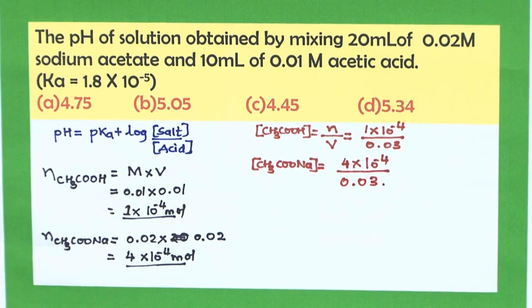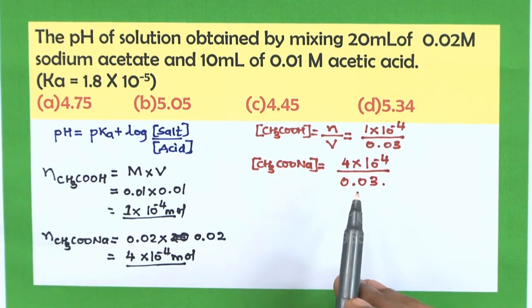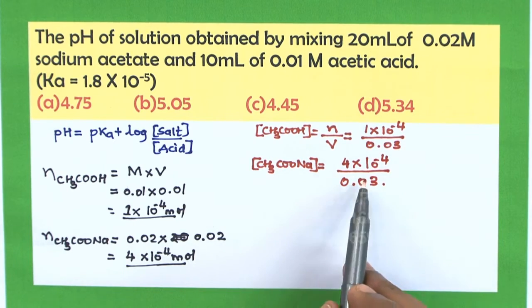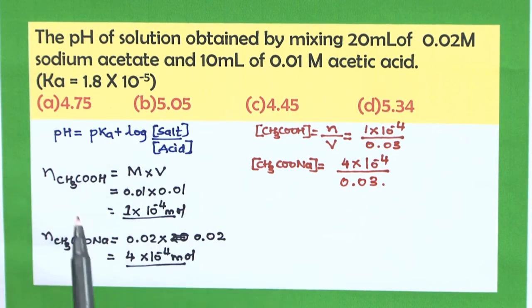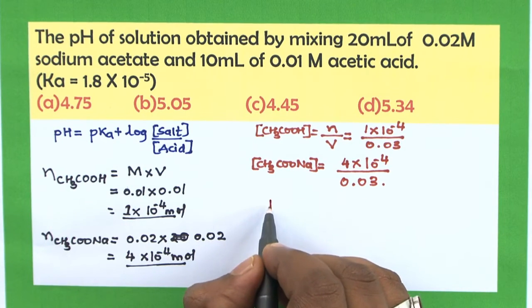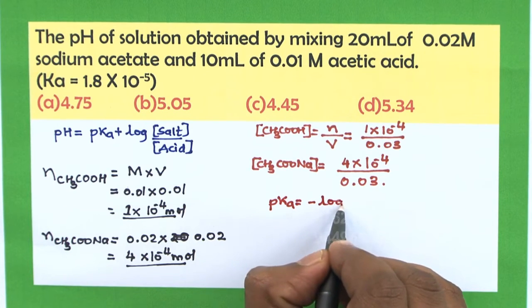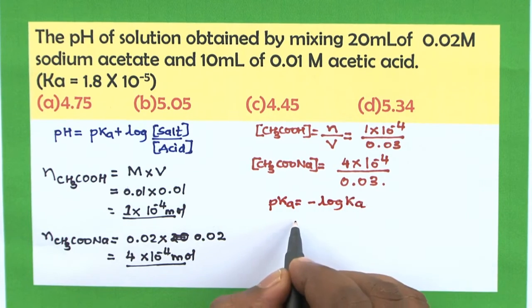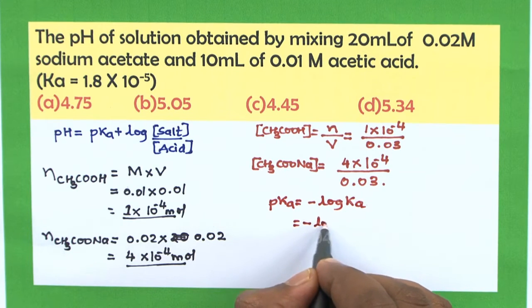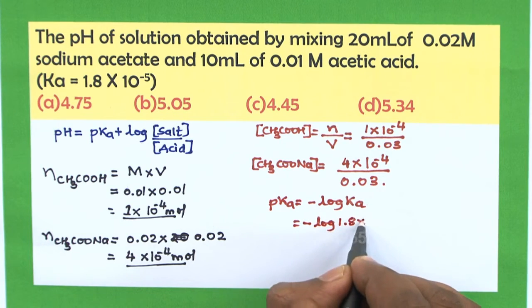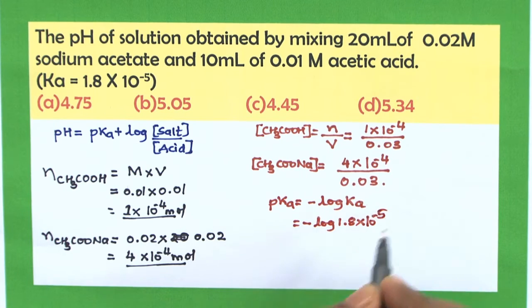Now you can calculate the pH by substituting these concentrations of salt as well as acid. But to calculate the pH we require pKa, but they have given you the Ka value. Hence pKa is equal to minus log of Ka, that is minus log of 1.8 into 10 to the power minus 5.